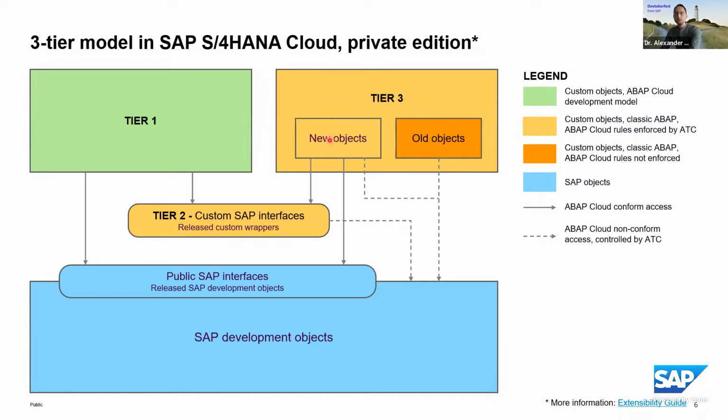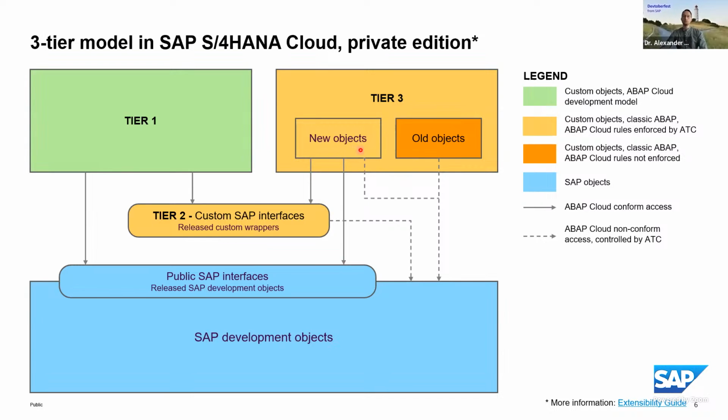And that means that even in tier 3, it might be required to create new objects, for example, for a DynPro extension. But then our guidance is that even in that case, where you use the classic ABAP development model, try to do it as ABAP Cloud conform as possible. And that means also use your custom wrappers and also use the public SAP APIs wherever possible.